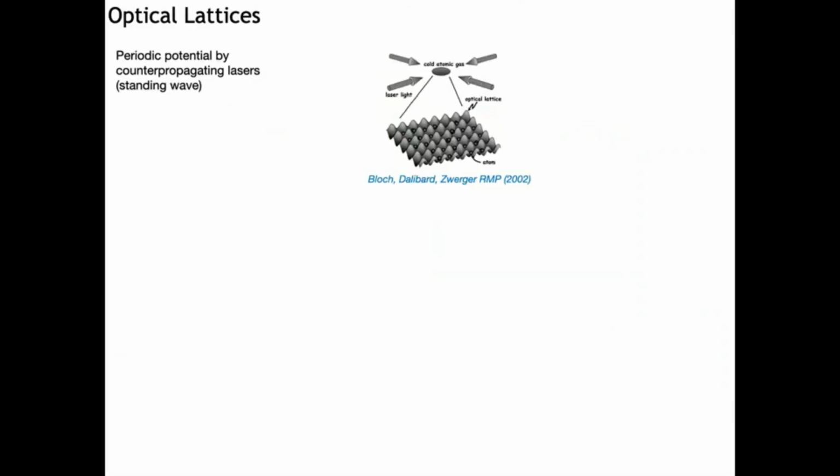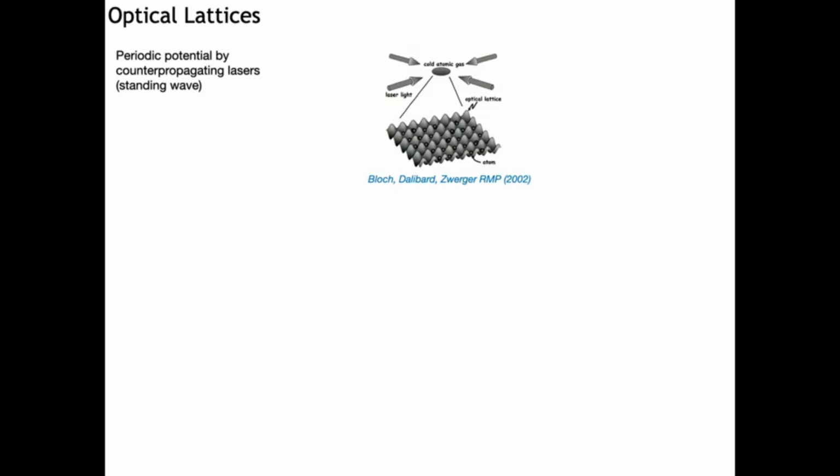Let me flash a theoretical physics perspective on the development of these platforms. Historically, the first proper analog quantum simulator was the so-called optical lattices. Optical lattices mean that we have atoms that are cooled down to extremely low temperatures, and they propagate in a potential that is shaped by laser light in such a way that this light forms an effective potential for the atoms.